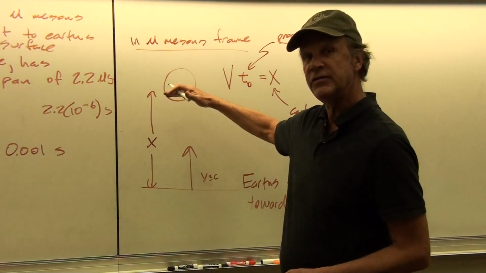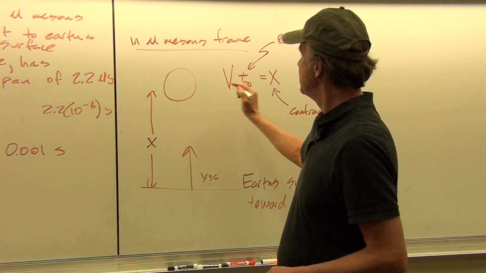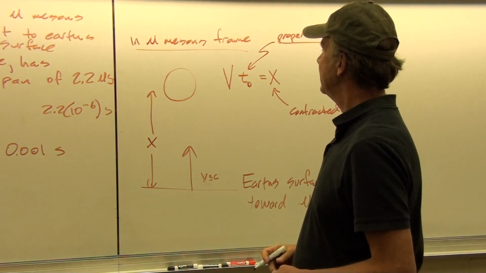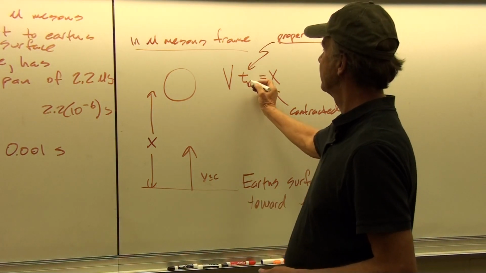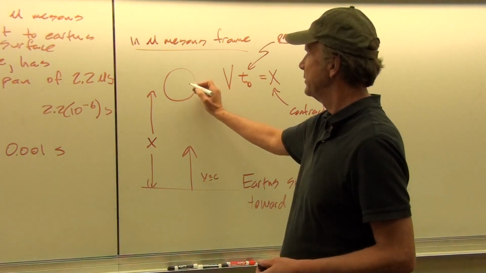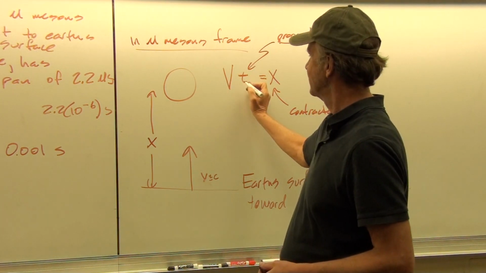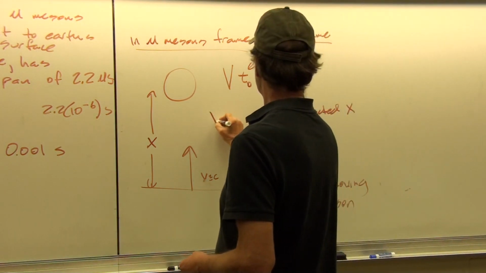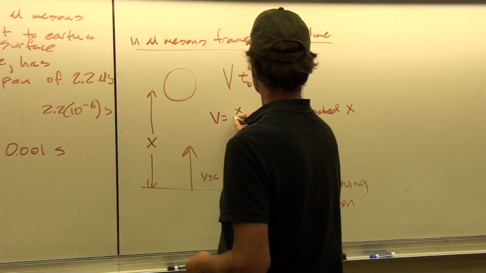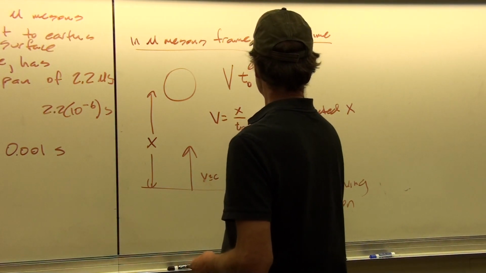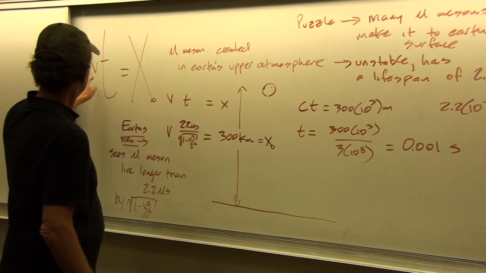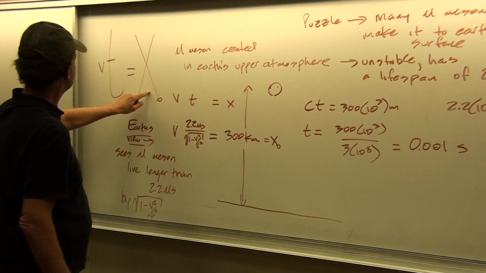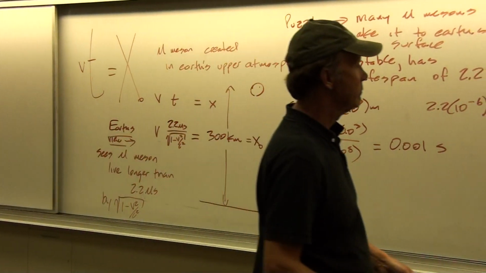It's the Earth that's moving toward the mu meson. So the mu meson's time is just the regular time that you would get if you're in the same frame of reference as the clock. The mu meson's in the same frame of reference as its own clock. So therefore, v is equal to x over t naught. But from this equation, it's also equal to x naught over t.